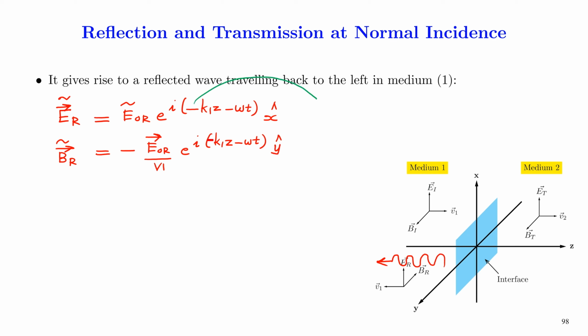The negative sign for k1 z is because the wave is traveling in the negative z direction.